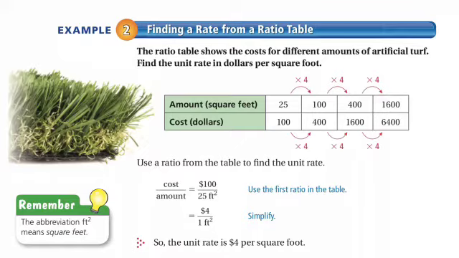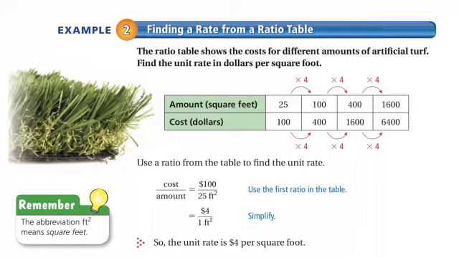The lower numbers are the easier ones to work with, so we'll start with $100 per 25 square feet. We'll divide top and bottom by 25 because we always divide by the denominator, because it's the denominator we want to turn into a 1. Dividing top and bottom by 25 would give us $4 per square foot. So the unit rate is $4 per square foot.